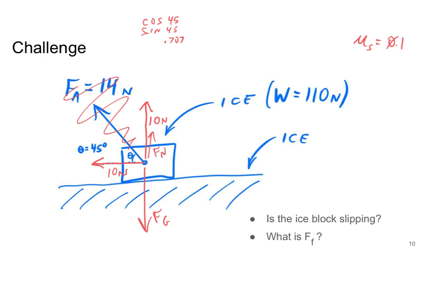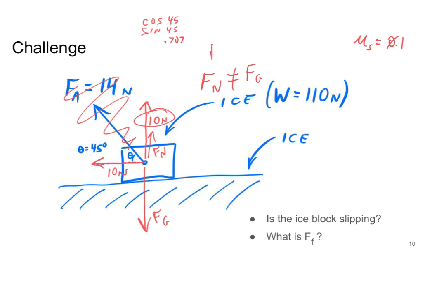But the point that we want to think about here is that the normal force, F sub n, is not simply F sub g in this case, because I put in some extra 10 newtons of help for the normal force. So it doesn't have to work so hard anymore to hold up that block. I'm helping it with this 10 newtons.